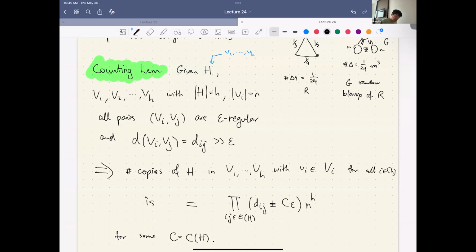So you want to embed H, by the counting lemma, each vertex to the corresponding part, if this is regular.